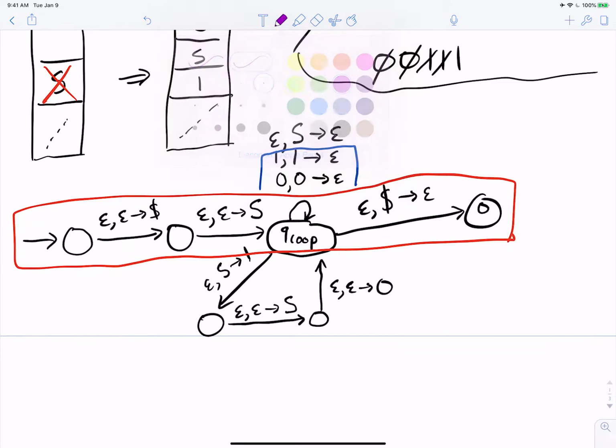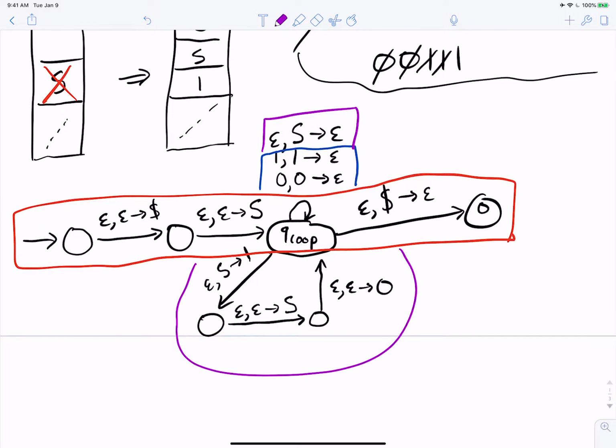What about these transitions in purple? Or I guess set of transitions. So what do those represent? Yeah. It's like a connected string of terminals and variables. Well, yeah, but what does each one of them represent in the original grammar? A rule, exactly.